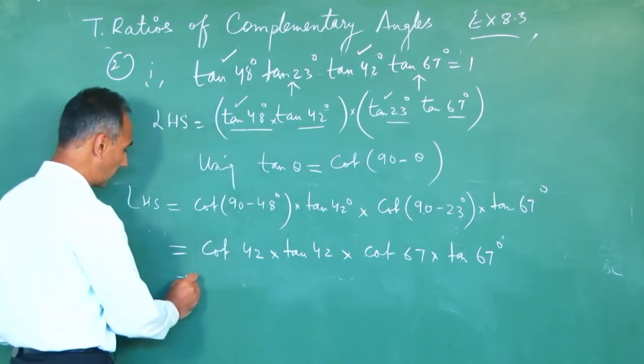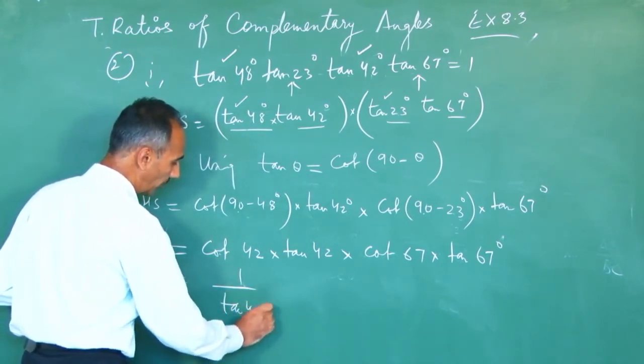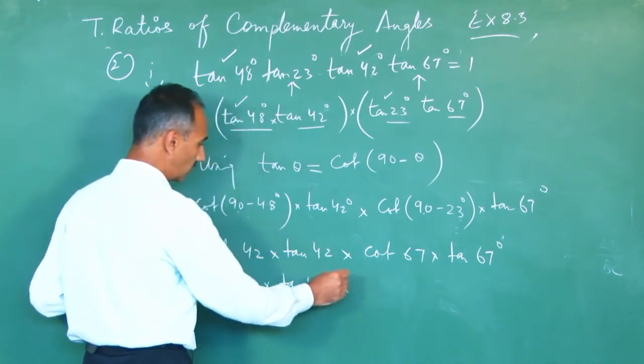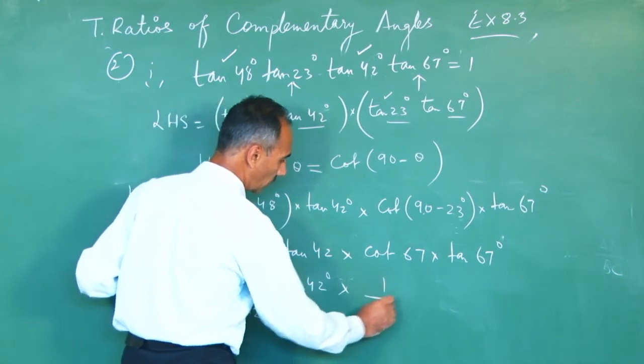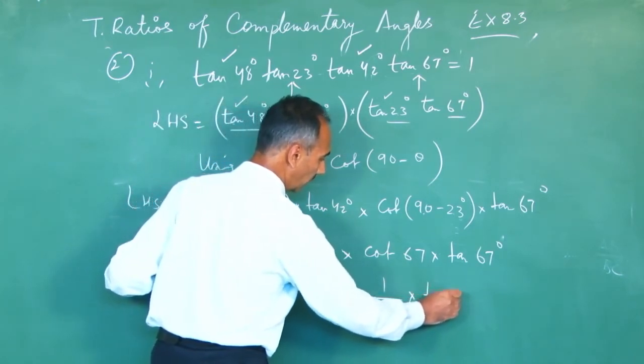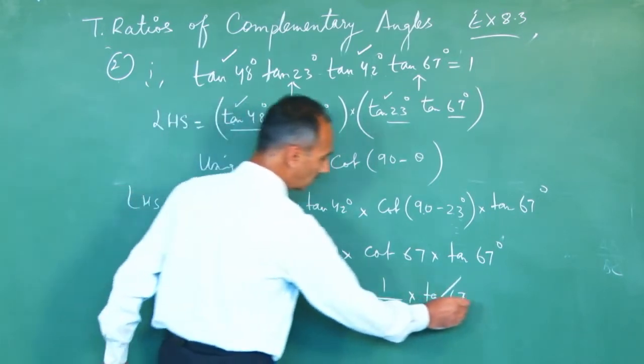So you could write this cot as 1 upon tan 42 into tan 42. And this cot will be expressed as 1 upon tan 67 into tan 67. So they will cancel out, and the final answer is 1.